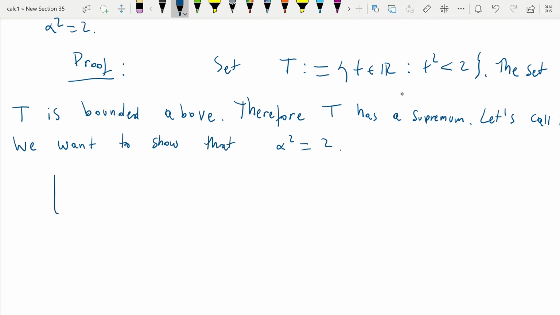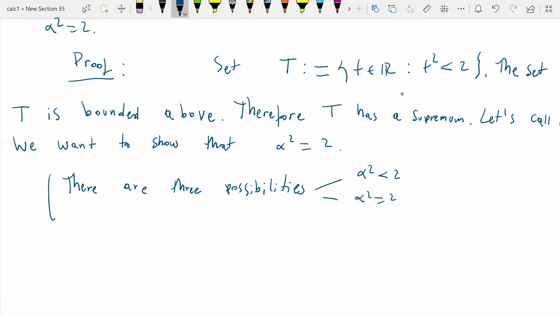Like I said, there are three possibilities. First one, alpha squared is less than 2. Second one, alpha squared is equal to 2. Or third one, alpha squared is greater than 2.